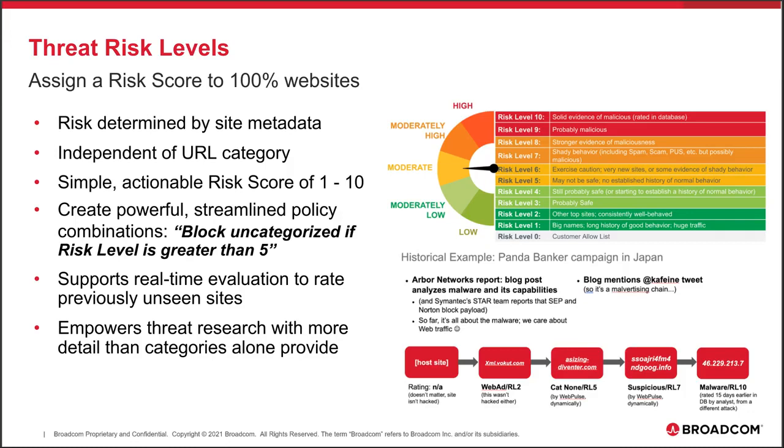As the site went through the different referrers, we can see that it was a web ad, risk level 2, not a big deal. Web ads generally aren't that bad. They obviously refer to other things, which referred to an uncategorized risk level 5 that we rated dynamically. As you move closer and closer to the actual attack vector, we were rating it.